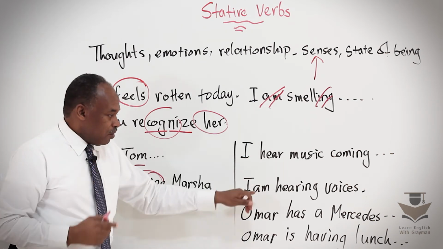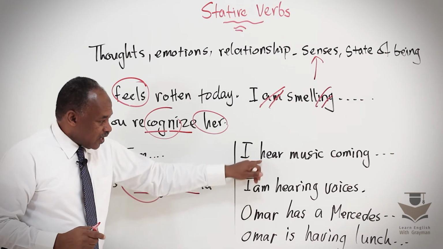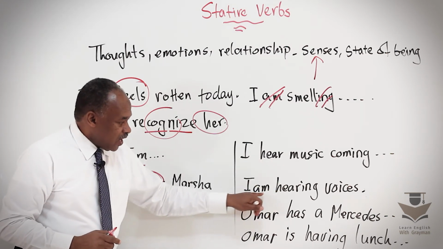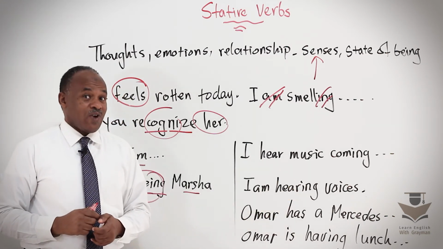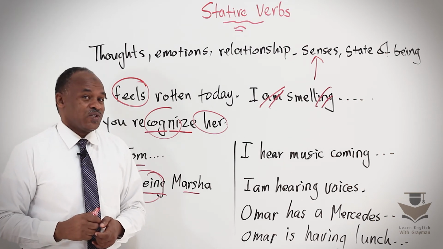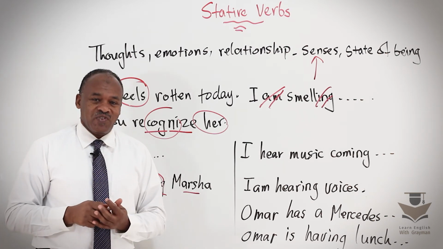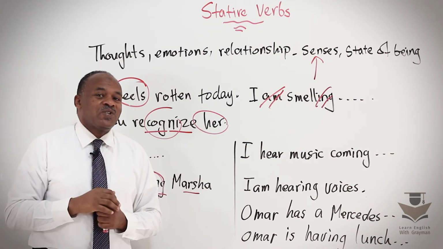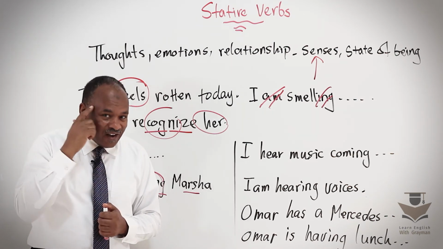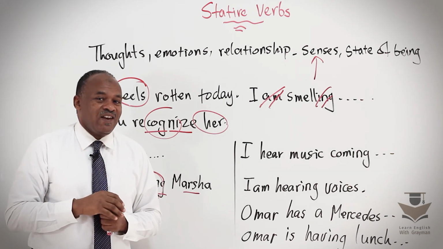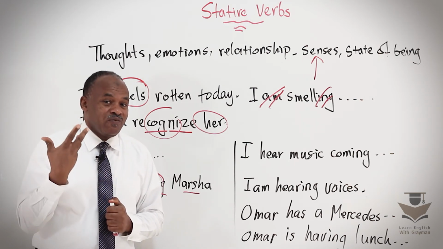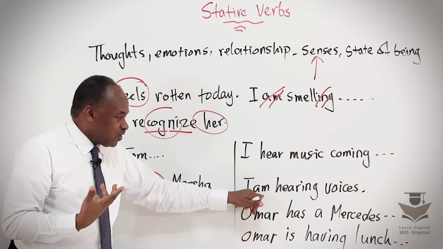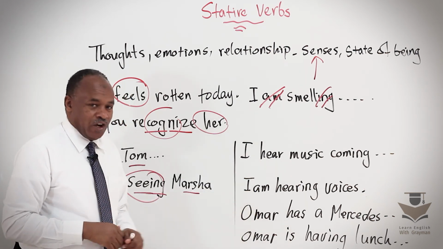Okay, I hear. But if I add ing to hear, I would say, I am hearing voices. Wow, I'm hearing voices. If somebody says he's hearing voices, that means he's imagining. That means he is insane. He's crazy. He's imagining voices. So this is a totally different meaning than this one here.